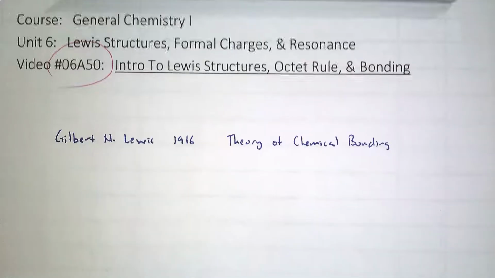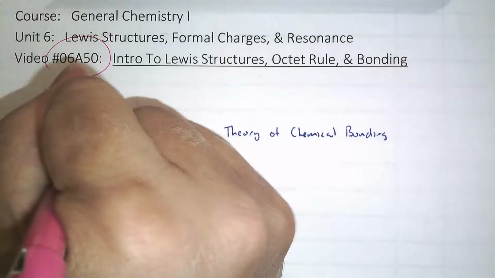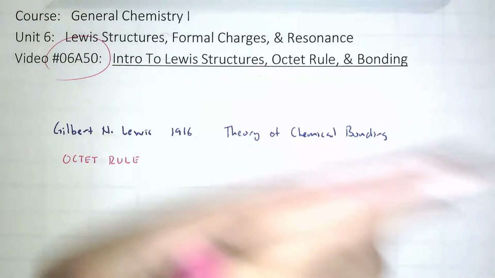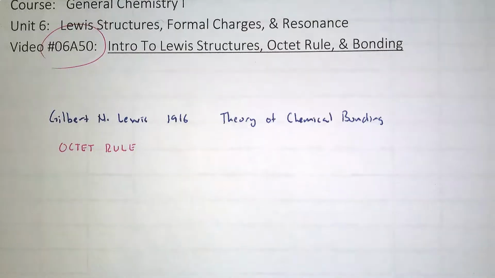It hinges on the understanding of what's called the Octet Rule. And that says that an atom will lose or gain electrons to get to a noble gas configuration.